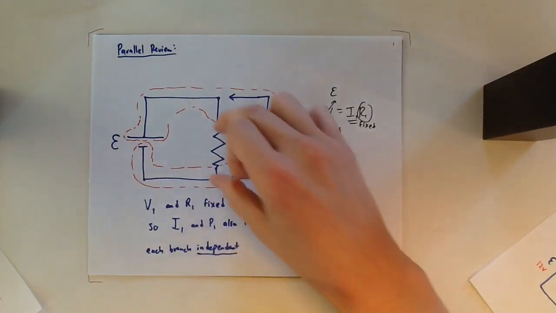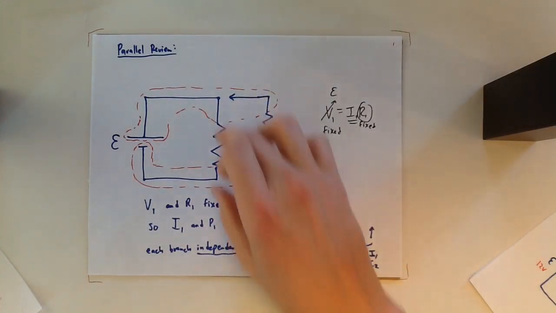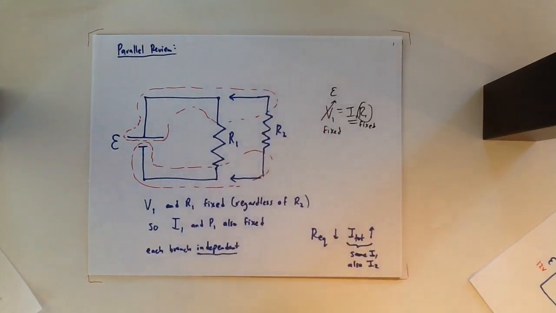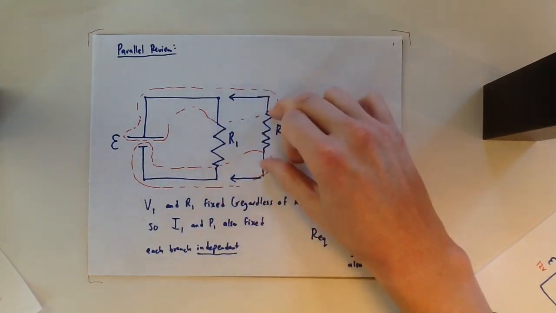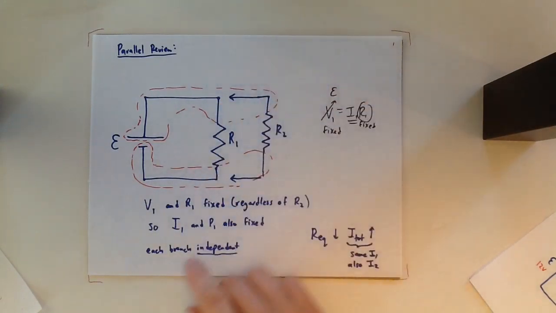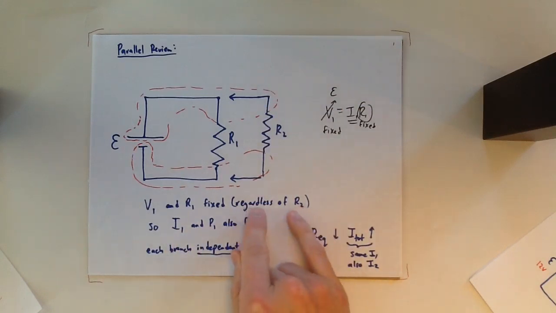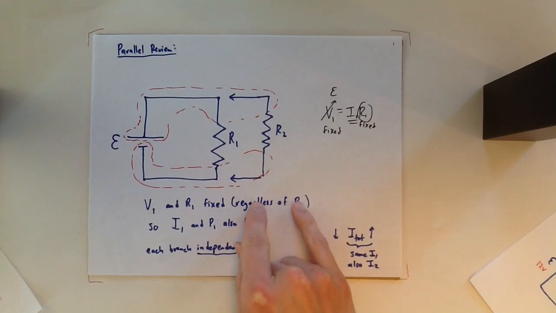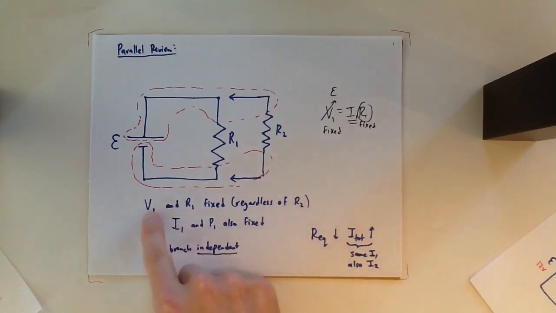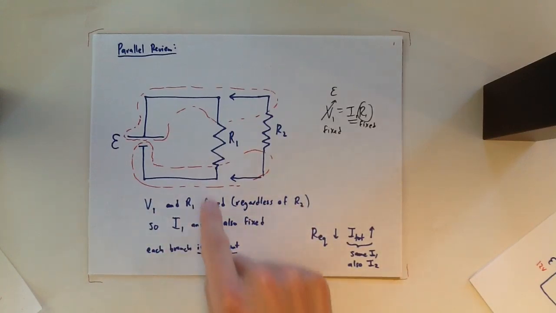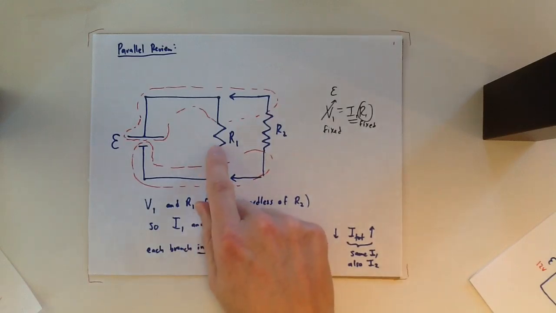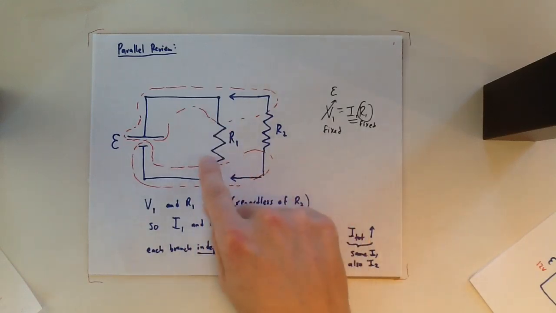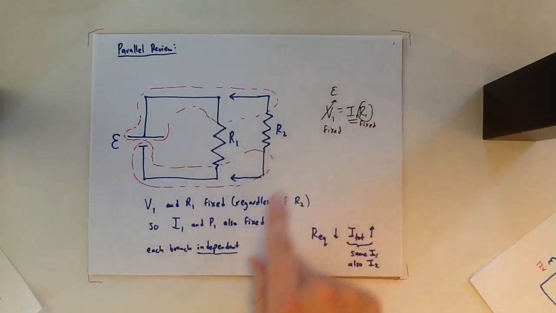The current that this branch receives, I1, is also fixed regardless of if the other resistor is added or not. And so if I1 is fixed, then P1 is also fixed. So regardless of whether resistor 2 is connected, V1 and R1 and I1 and P1, everything about resistor 1 is exactly the same as it was if there was one other branch or 17 other branches.